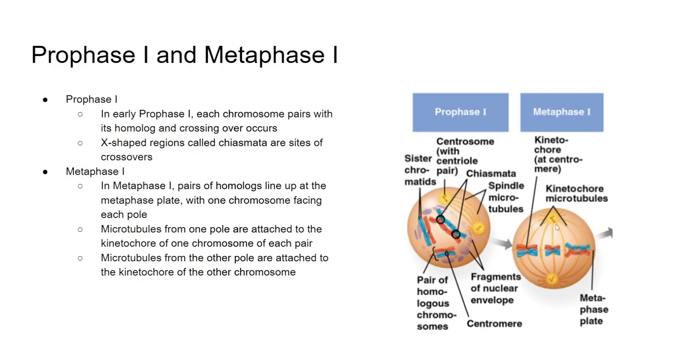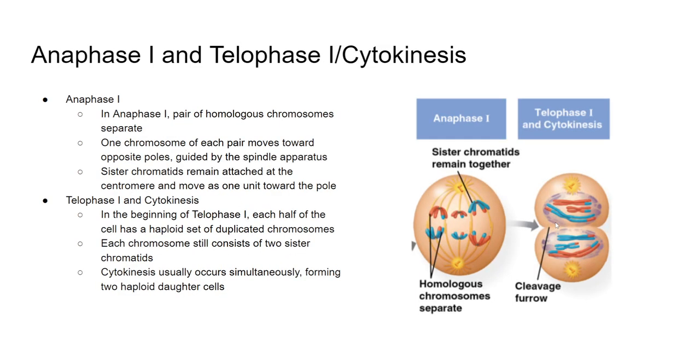And so what's going to happen here is we're going to get to anaphase 1 and telophase 1 cytokinesis. Anaphase 1 is going to pull the homologous chromosomes away from one another. But look what's interesting here. Remember what we talked about with chiasmata and the idea of crossing over, right?